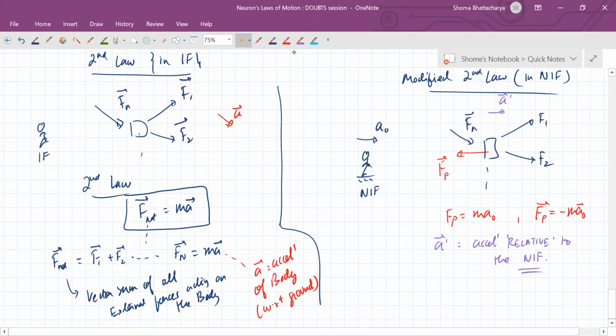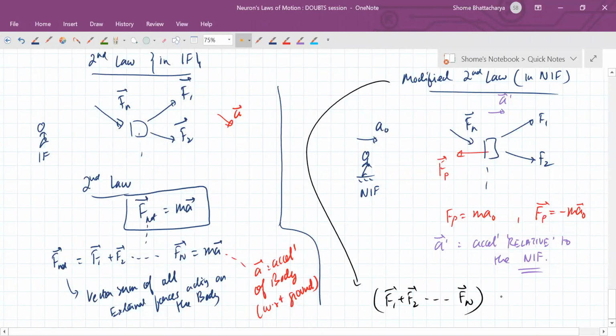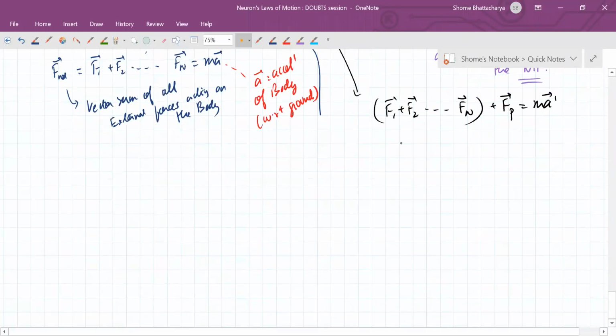Okay. So the modified form of Newton's second law, what will that become now? This will become F1 plus F2 plus going up to Fn. These are all the external forces, plus, in addition to that, the pseudo force, that is equal to mass into acceleration. But which acceleration? The relative acceleration. So the summation of all these forces is the net force.